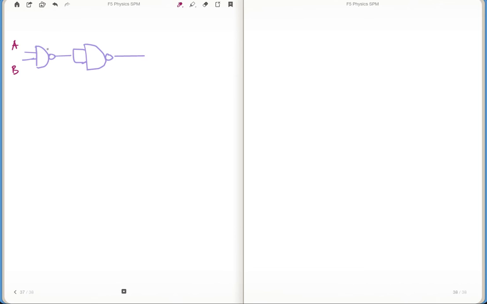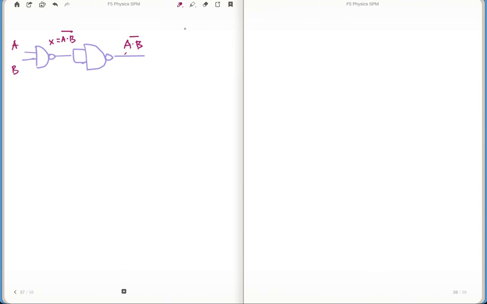So what's the output here? This is A dot B, bar, right? Then here the input and output would be A dot B. They're NAND gates after all, so you don't actually need to do that, but it would be nice that you make this a practice.